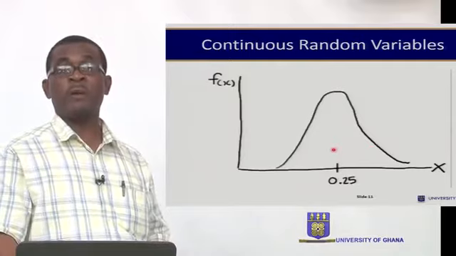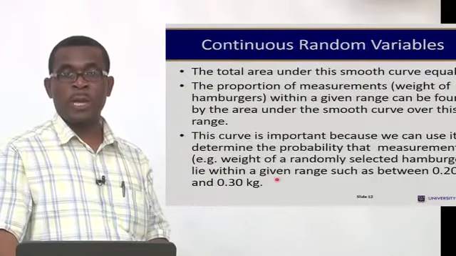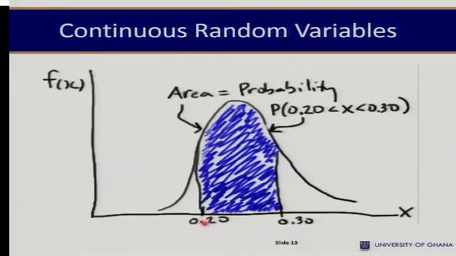Now, this curve is very important. It is important because we can use it to determine the probability that some measurement, let's say the weight of a randomly selected hamburger, lies within a given range. So, for example, since we now have the smooth curve, we can show that the weight is between 0.20 and 0.30. And it is simply finding the area under this curve from 0.20 to 0.30, which is the shaded area.